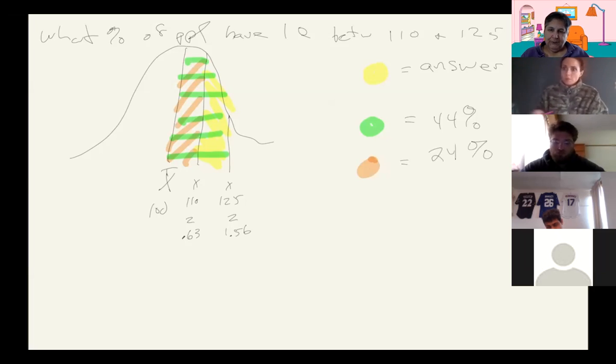Questions so far? No questions so far. And then you subtract them. You subtract the area that you don't want. We don't want that area between 110 and the mean. We want the area between 110 and 125. So if we subtract the area that's in brown, then we will be left with the area that is in yellow.